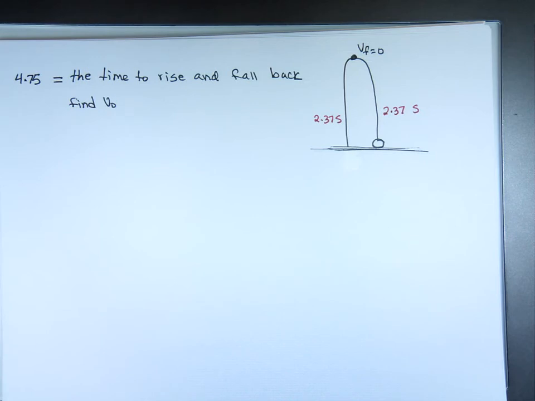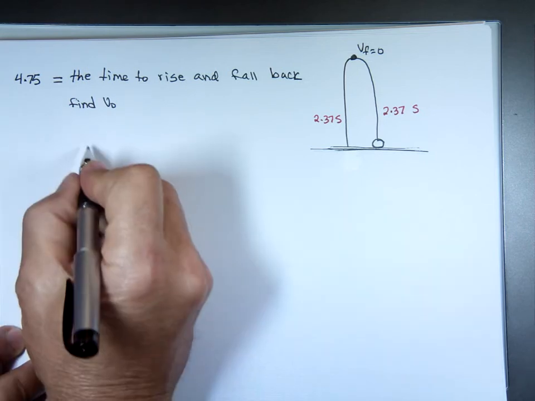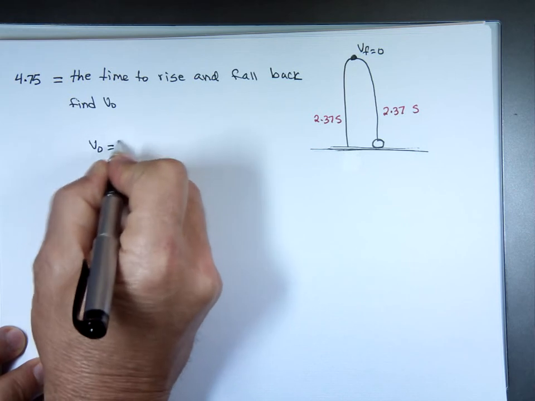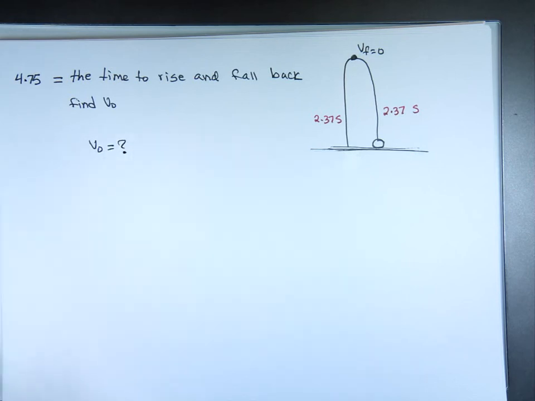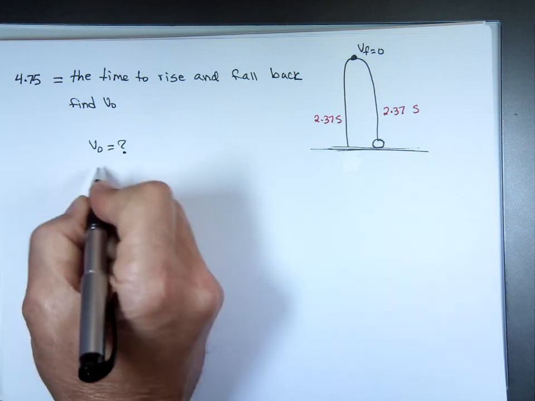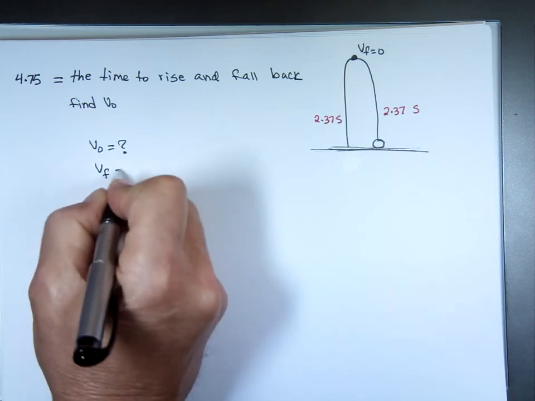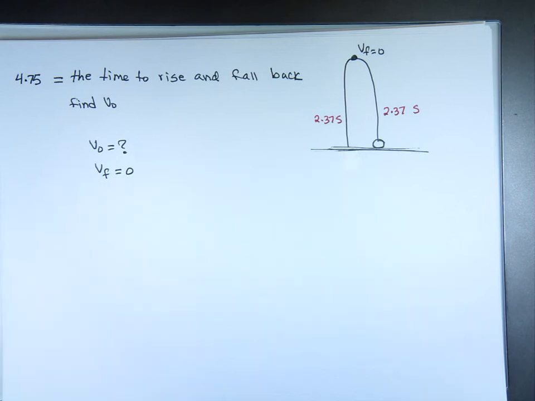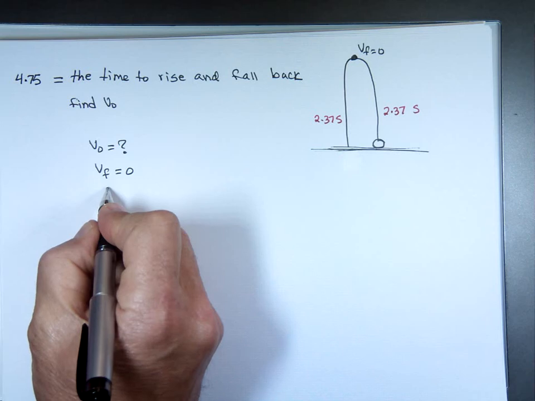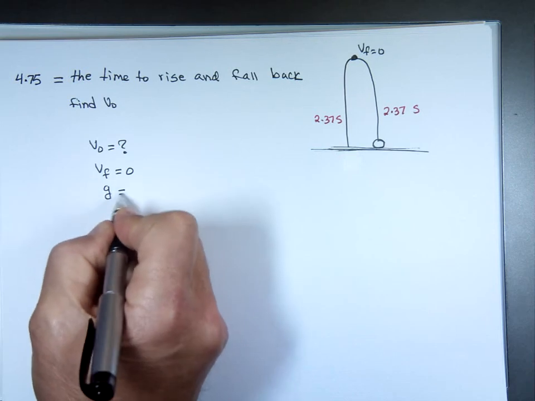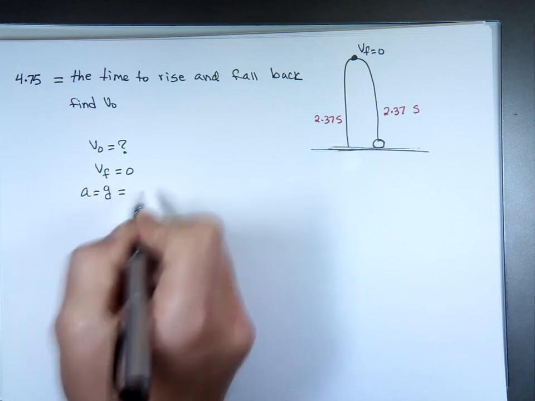So let's write what we know. We know the initial speed is unknown. We're looking for it. We know the final velocity, 0. We know the acceleration, gravity, negative 9.8.